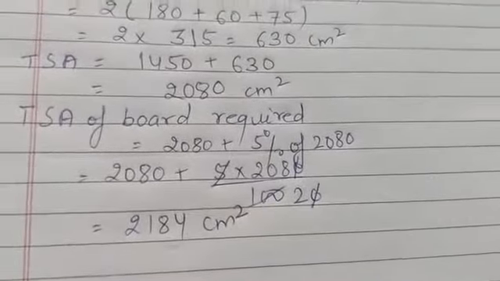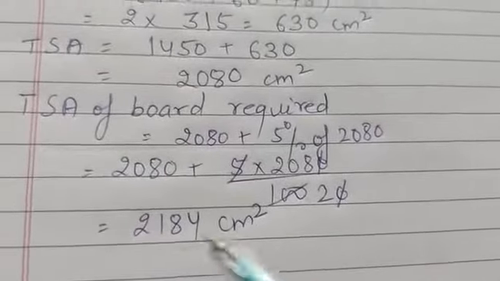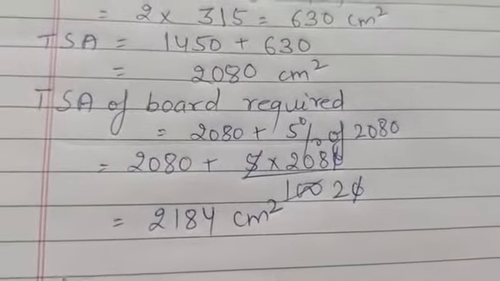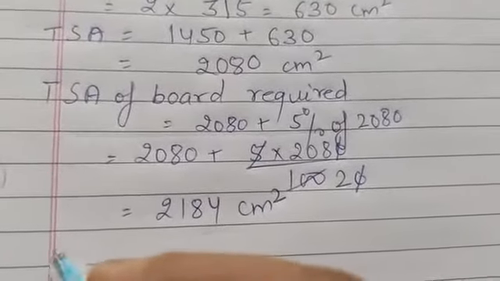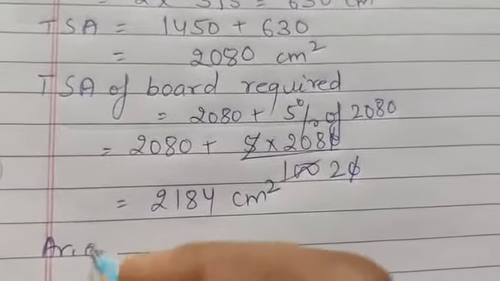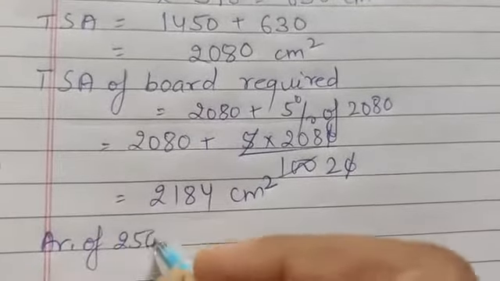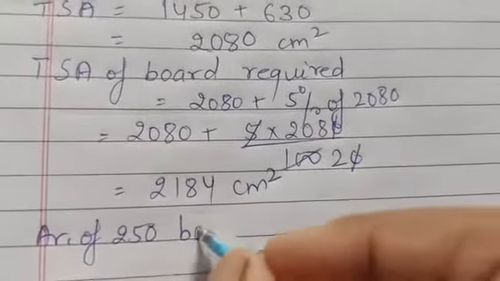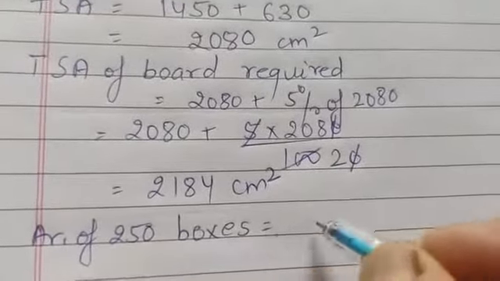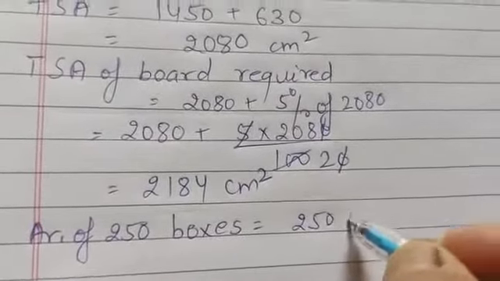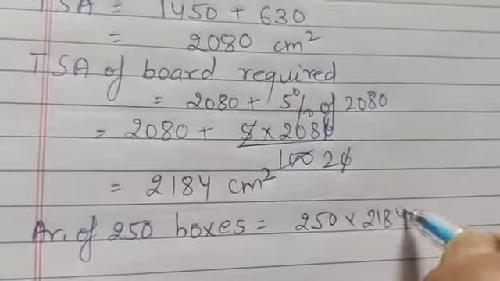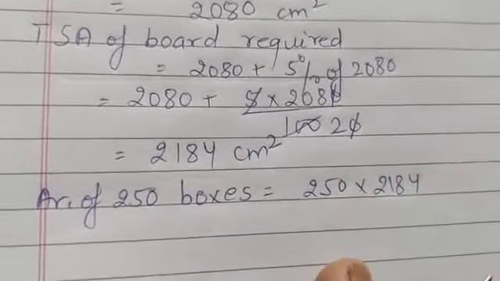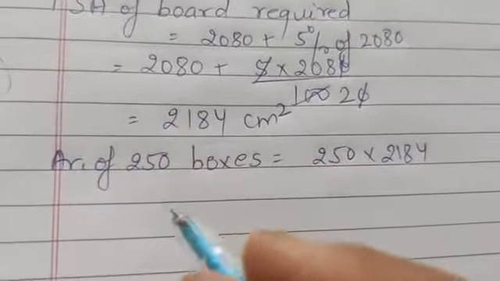Total surface area needed for box. And each type of box is required. How many boxes? 250 boxes. It means area of 250 boxes. 250 into 2184. Each type of 250. Now cost is rupees 4 per 1000.